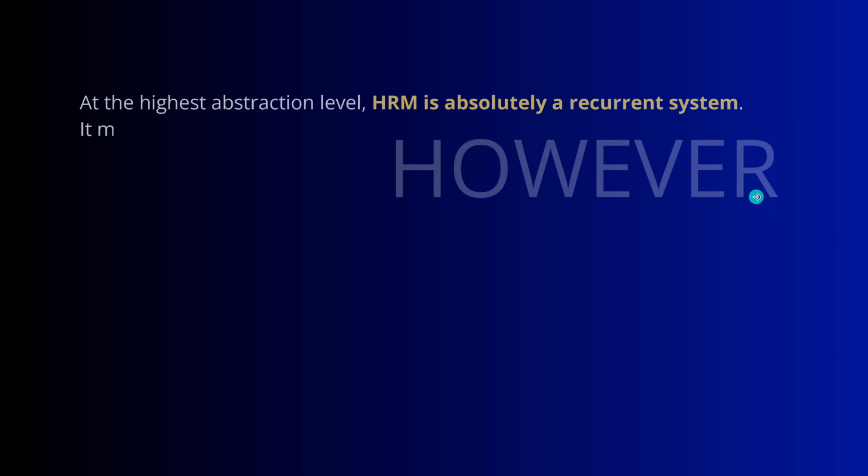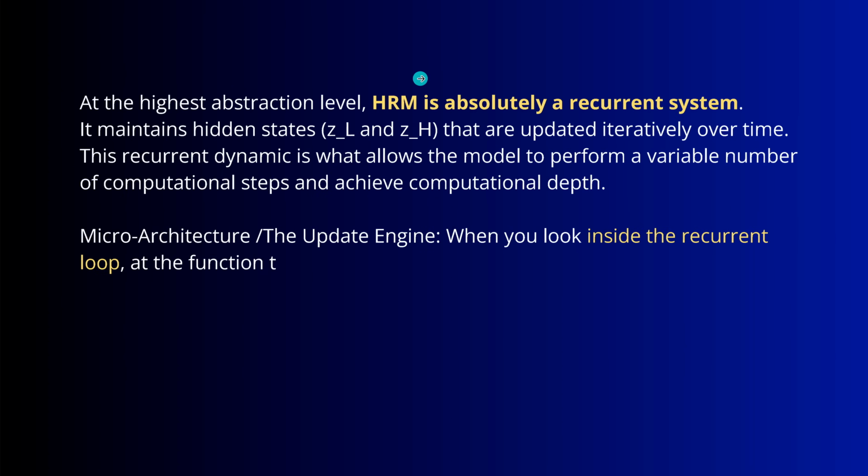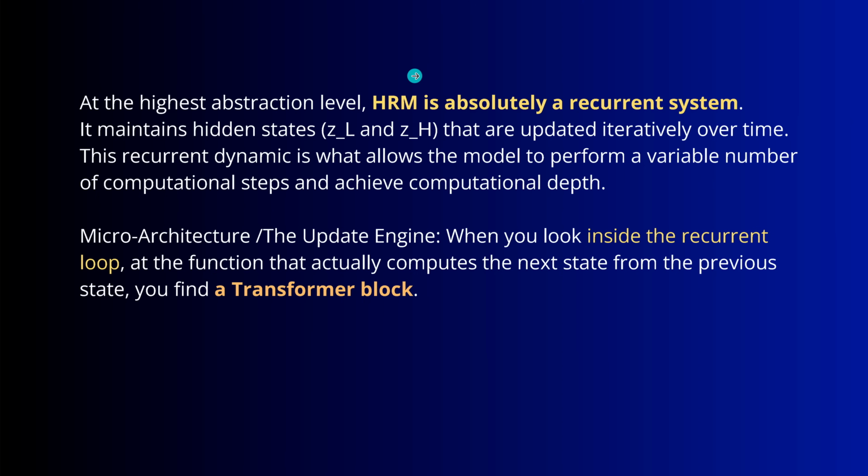However, what is interesting is that this HRM is, if you want, on a high abstraction level, absolutely a recurrent system. It maintains hidden states that are updated iteratively over time. So we really do have a recurring dynamic that allows the model to perform a variable number of computational steps and achieve computational depth.